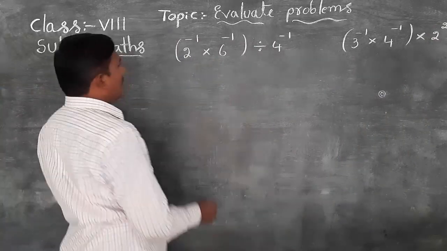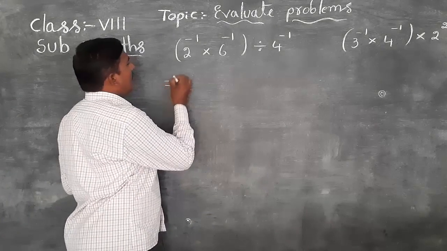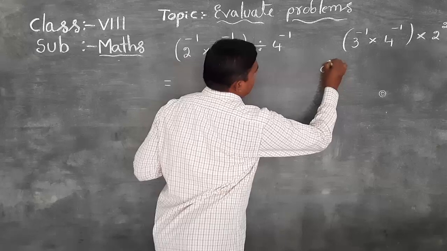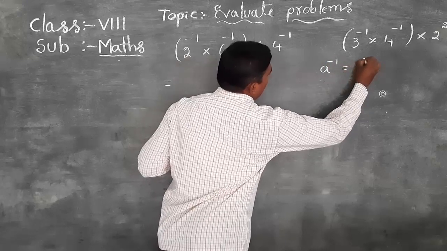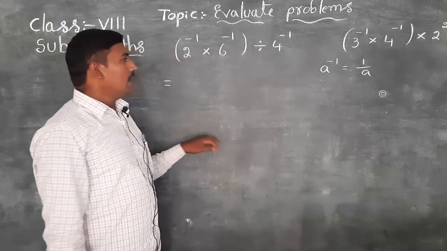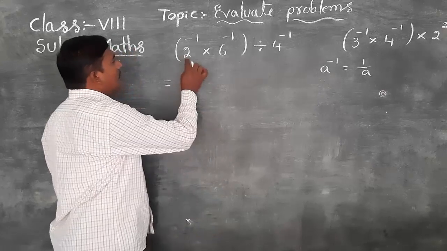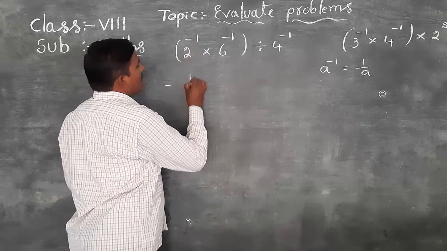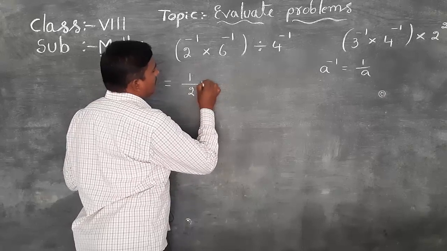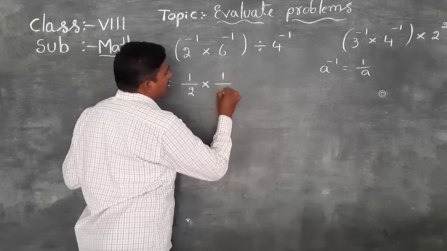Okay, see, first problem. Already we know the formula: A inverse is equal to 1 by A. So like that, here 2 inverse means 1 by 2, into 6 inverse means 1 by 6.